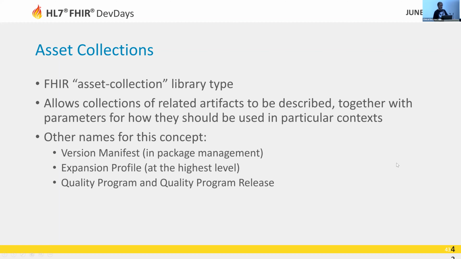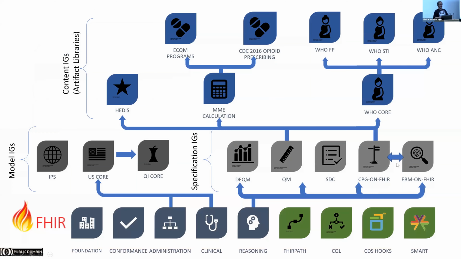And the key here is that because a CPG ends up being a collection of artifacts that have dependencies on either other IGs or significant sets of value sets that are intended to be reused across different use cases, we have this problem in every CPG that goes out.